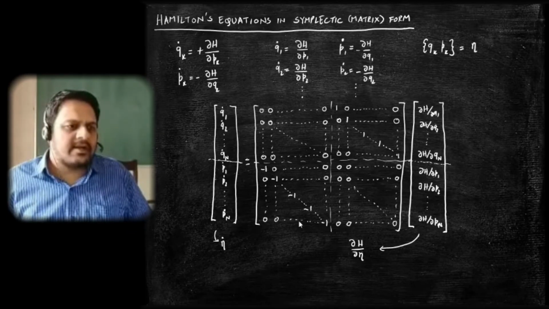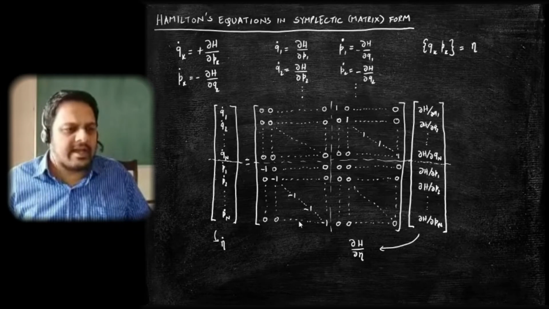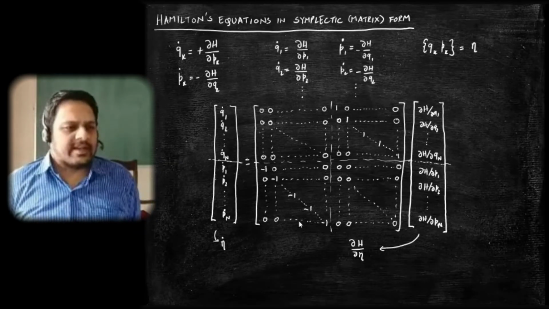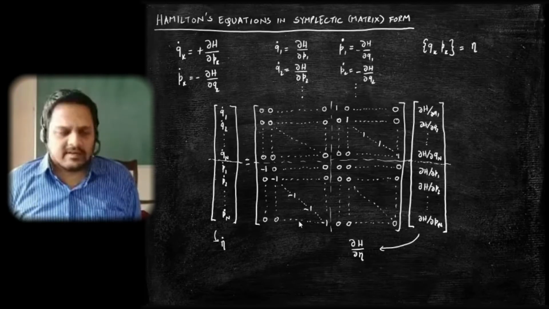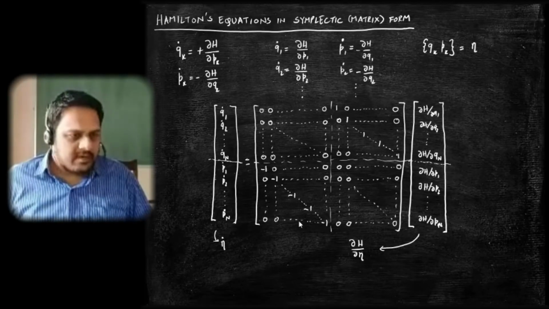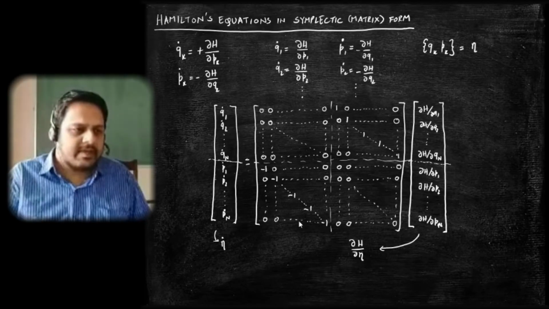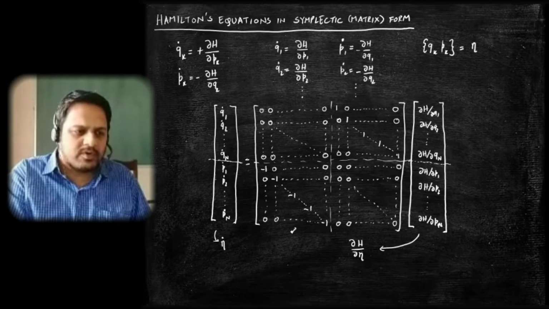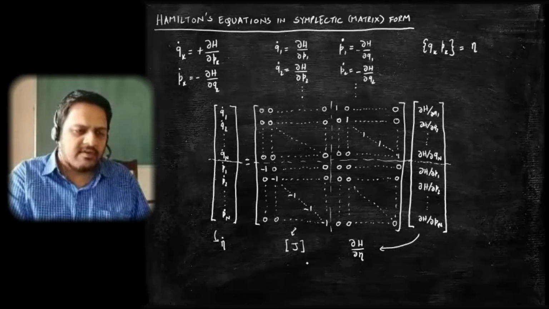Okay. And this is a very elaborate and large matrix, and it is a sparse matrix. By sparse, we mean most of the entries are 0, very, very few entries are either 1 or -1. But it is a matrix. At least in Goldstein's book, this matrix is called the J matrix.